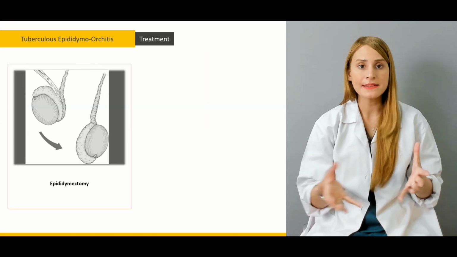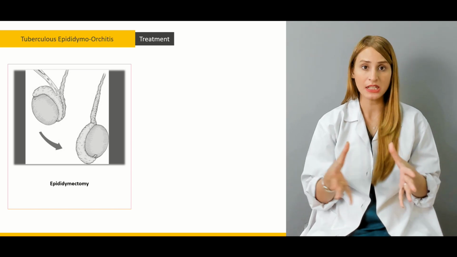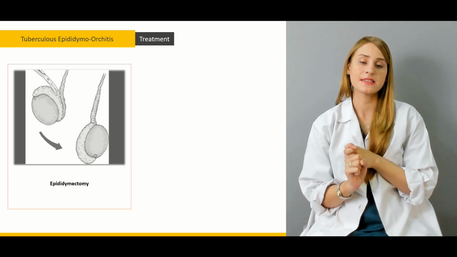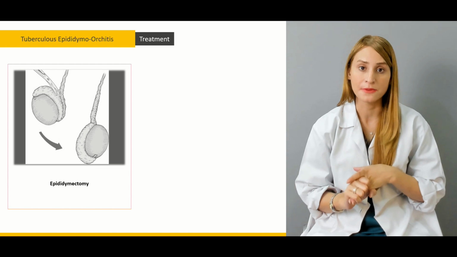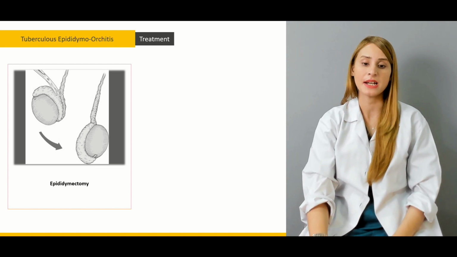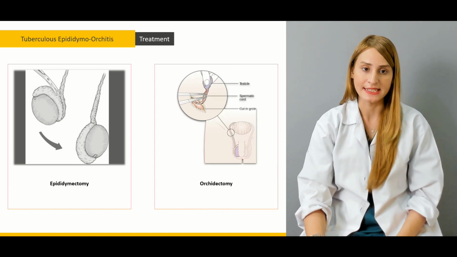Since you have to put the patient on the anti-tuberculous therapy as well, and since it's a chronic process, it can lead to the testicular atrophy, it can lead to infarction, and then the choice of the treatment obviously would be epididymectomy, combining it with the orchidectomy.